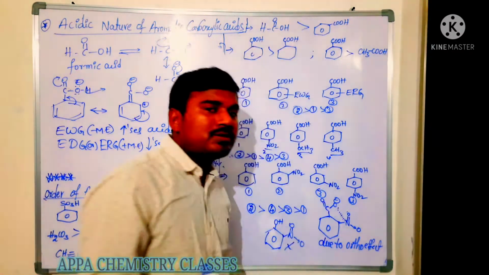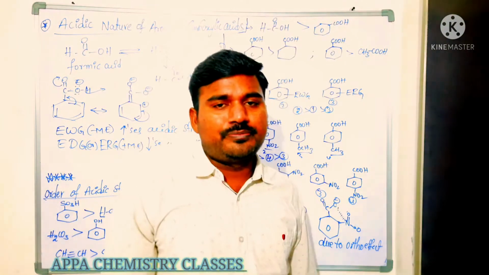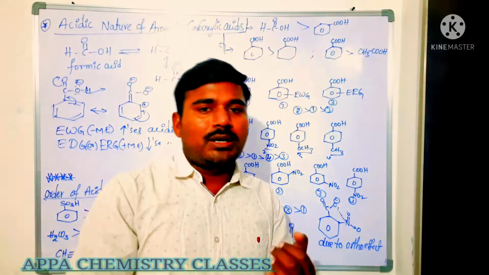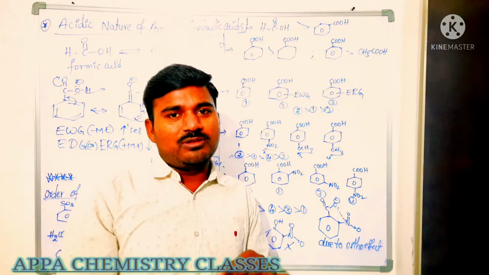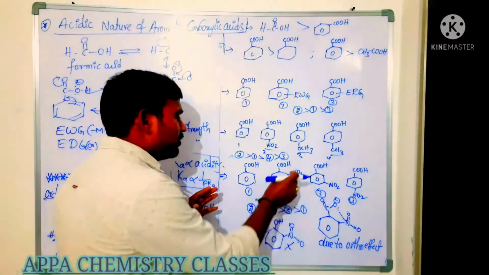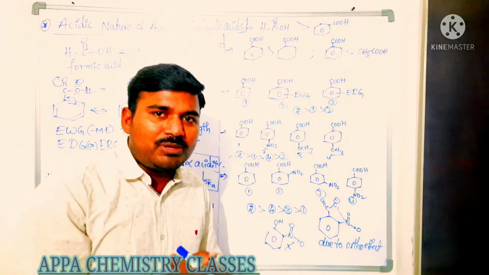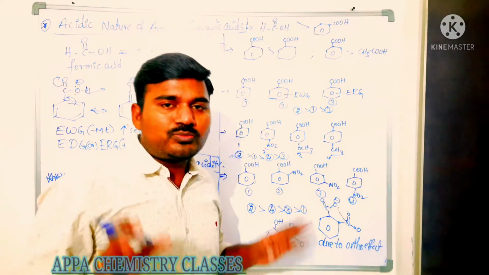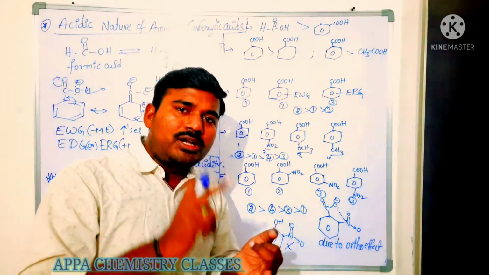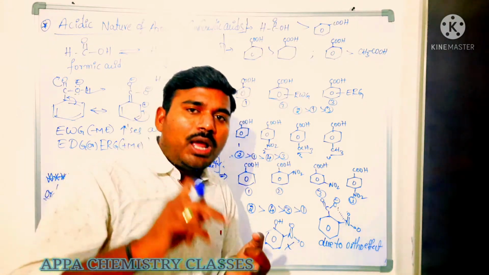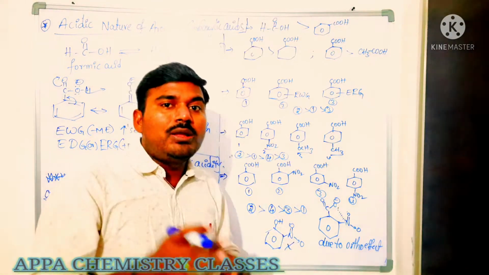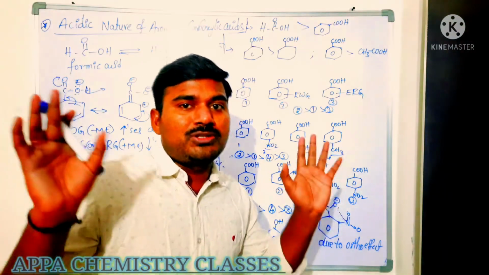Ortho effect in the sense, whatever the group it may be, the benzoic acid at ortho position, either it may be an electron releasing group or electron withdrawing group, whatever the group which is present at ortho position, that is more acidic due to all combined effects. That is, you can take the inductive effect, you can apply the mesomeric effect, and you can apply the chelation effect. All the effects will be applicable at ortho substituted benzoic acid.